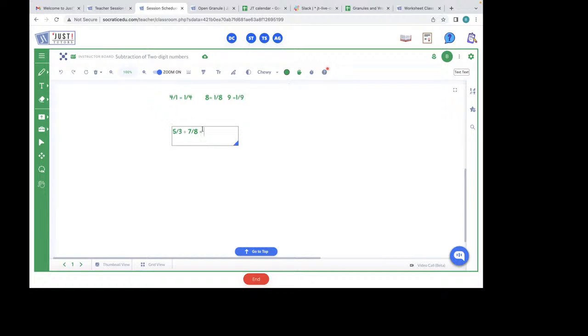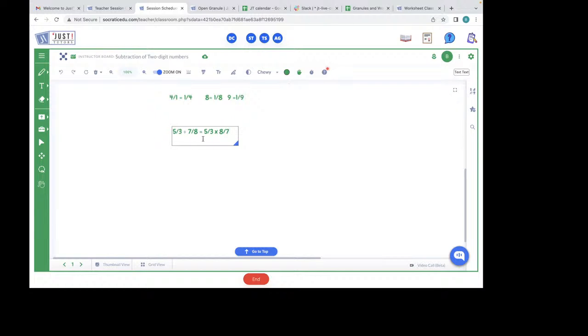तो हमें क्या करना है? हमें 7/8 का रेसिप्रोकल लेना है. सो व्हाट इज रेसिप्रोकल ऑफ 7/8? We just have to interchange the denominator and the numerator. तो हमारा जो रेसिप्रोकल होगा इसका वो हो जाएगा 8/7.